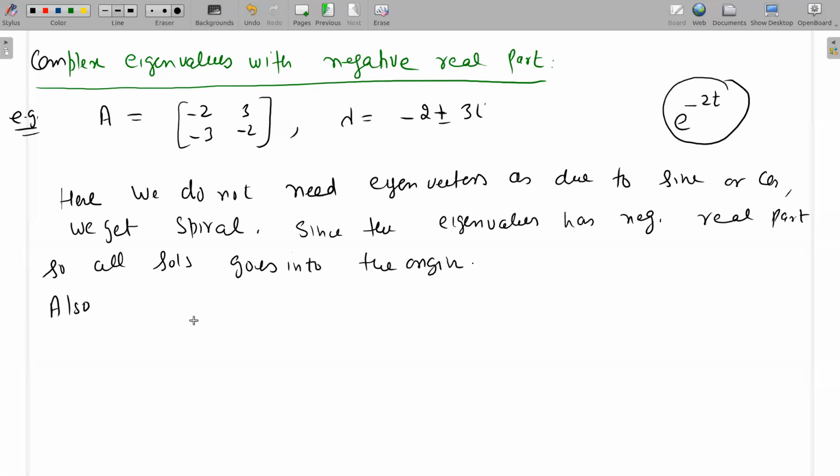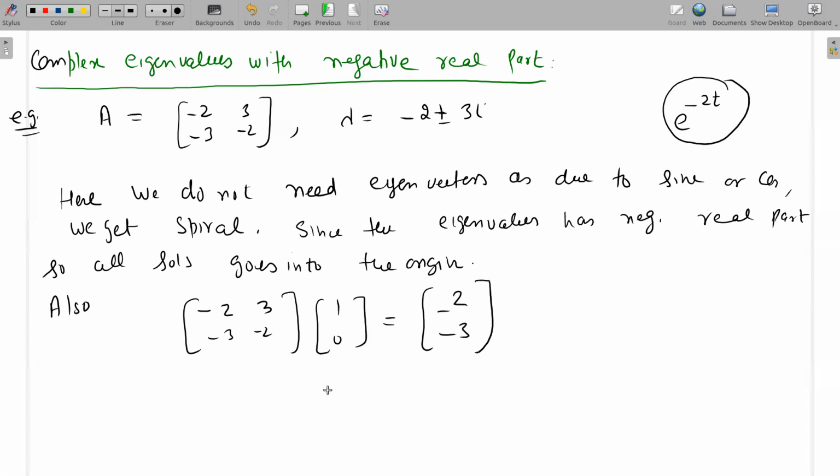So you can take any point. For an example, I'm taking 1 0. You got -2 -3. So solution which passes through 1 0 will go into -2 and -3. Okay, so we know the location of both points.